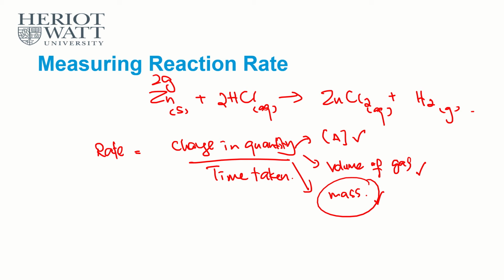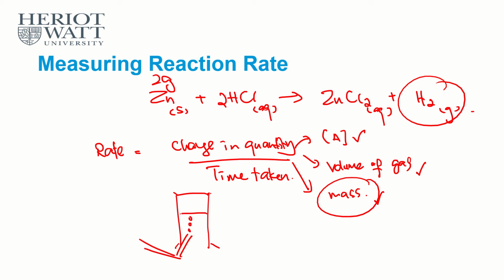That's one way. Another way is we look at the products. On the product side, we have zinc chloride, which is soluble and colorless. Again, we don't expect any visible change here, but there's another product, hydrogen gas. So we can measure the amount of gas collected during the reaction. We can use the inverted measuring cylinder, with a delivery tube like that.